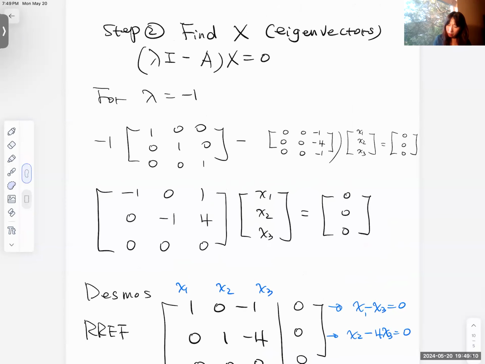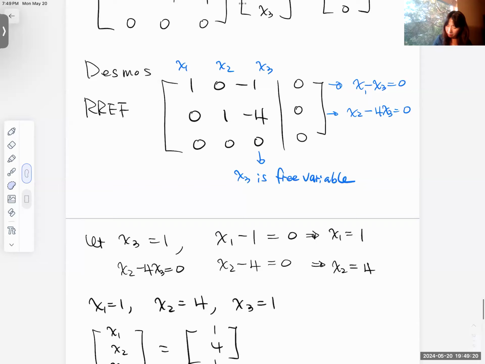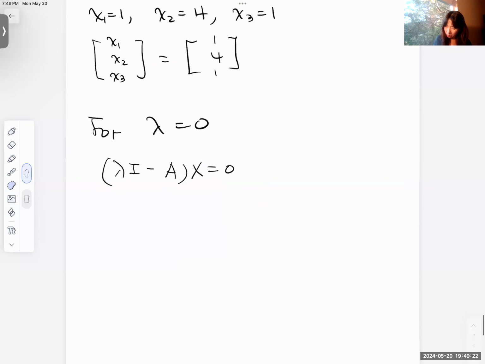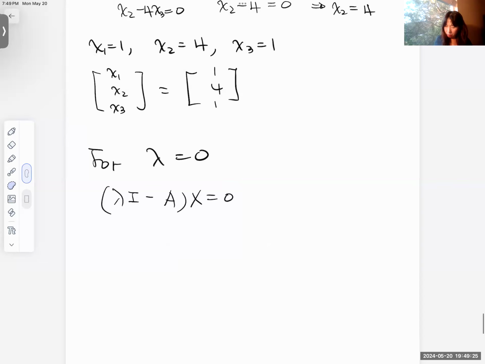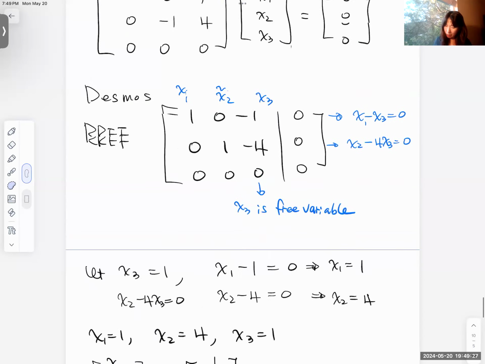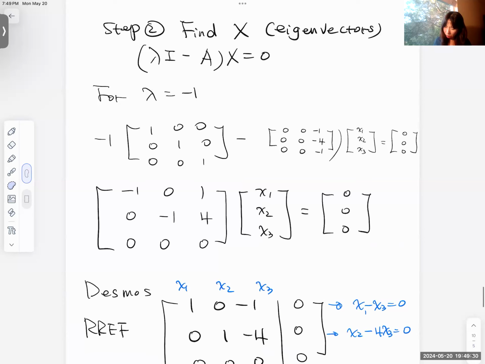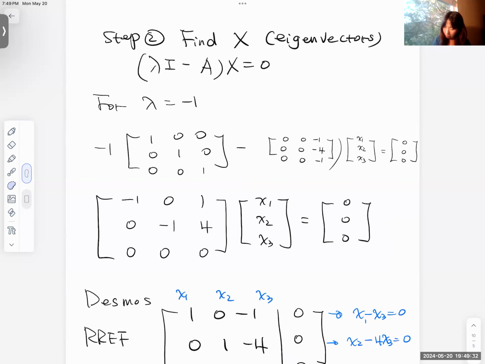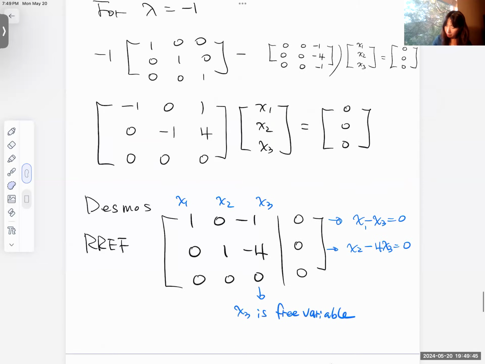So lambda I minus A x equal to 0. So the first term is 0. This is A, let me copy this one.